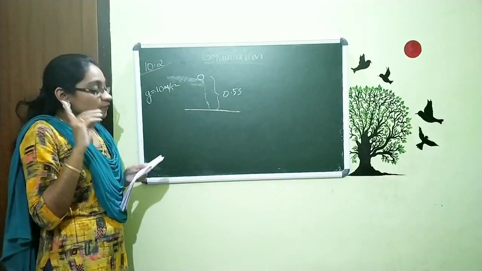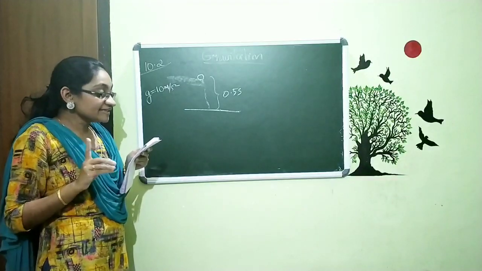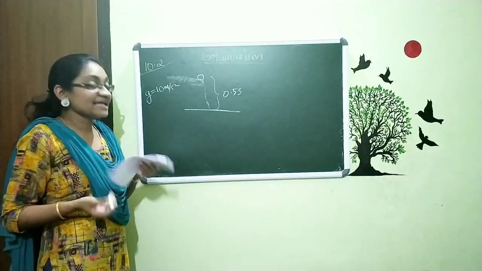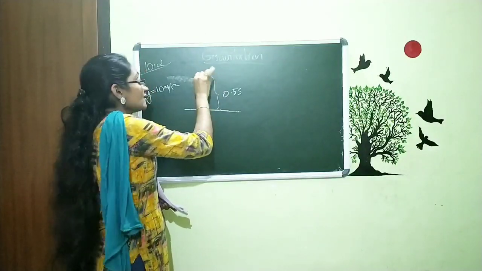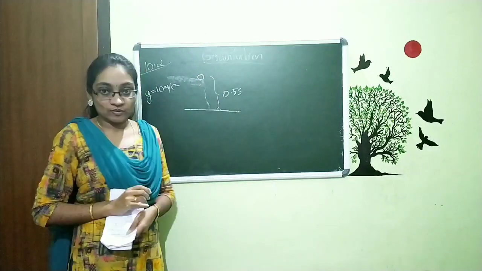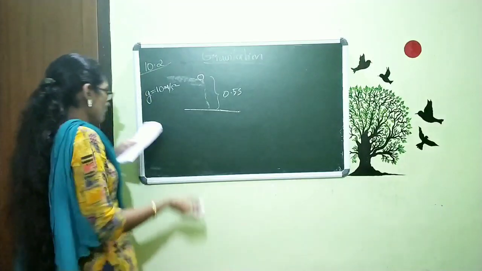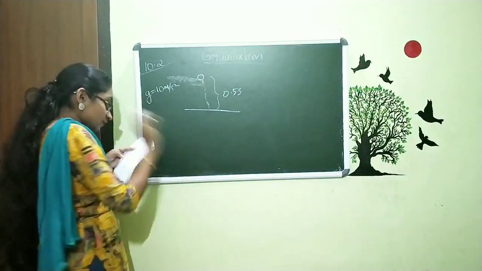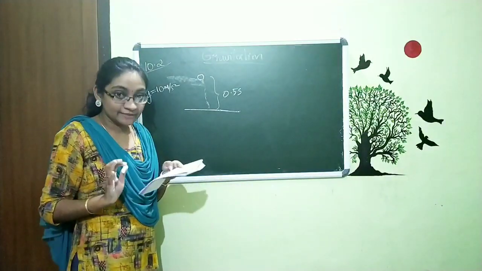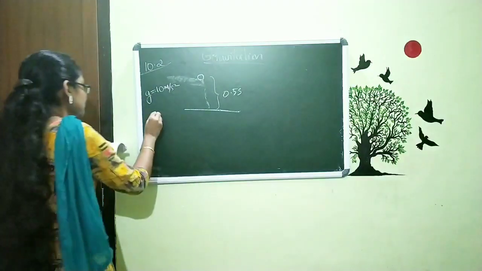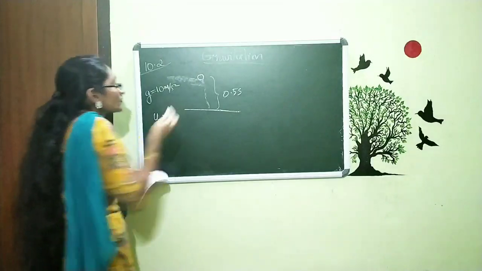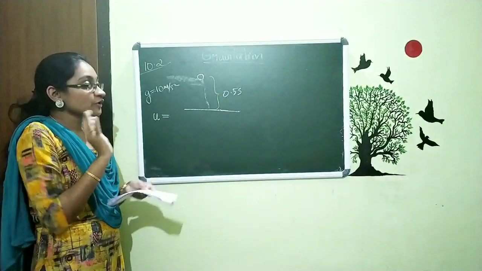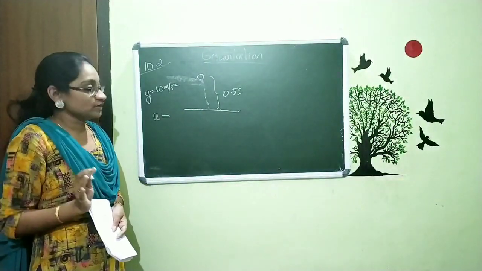And the first question is like this. What is its speed on striking the ground? That means, what is the speed of the car when it hits the ground? That is the question. In the question they gave it as speed, but actually we want to find the velocity. In this question, they do not mention the initial velocity.